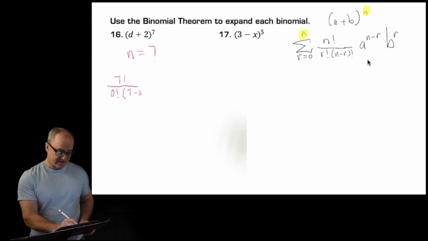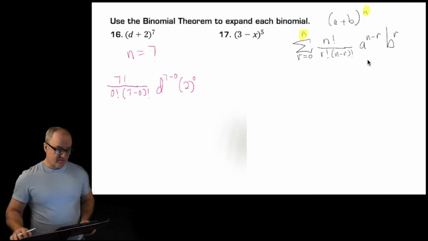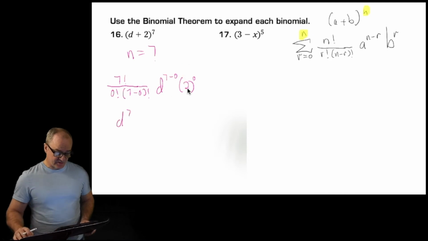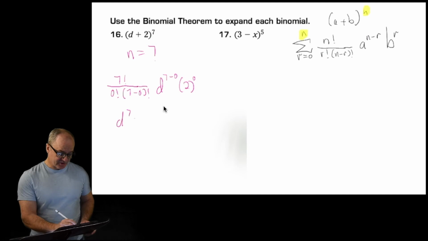Over (7 minus 0) factorial, x to the 7 minus 0, x is d in this case, sorry about that, d to the 7 minus 0 power times 2 raised to the 0 power. All of which gets us 7 factorial divided by 7 factorial, so that's 1. D raised to the 7 minus 0 power is just d to the 7th, and 2 to the 0 is 1. So that's our entire first term.